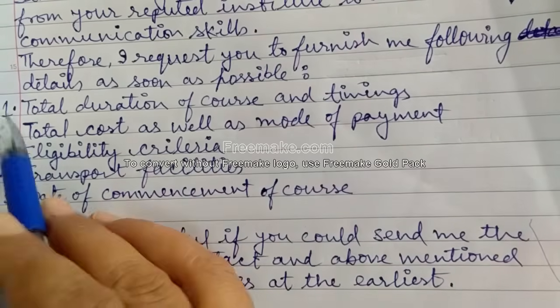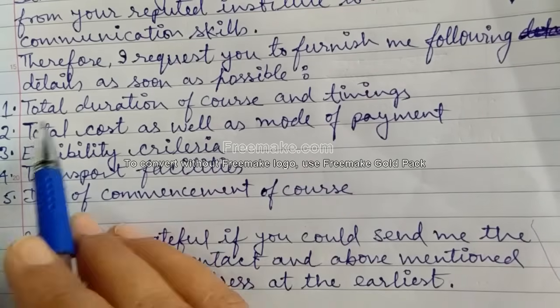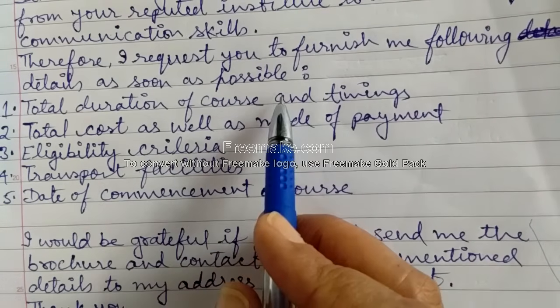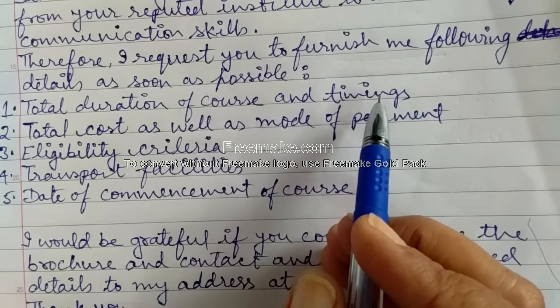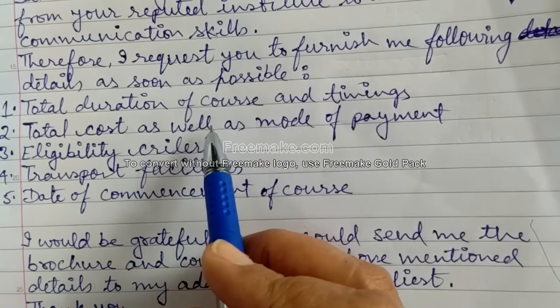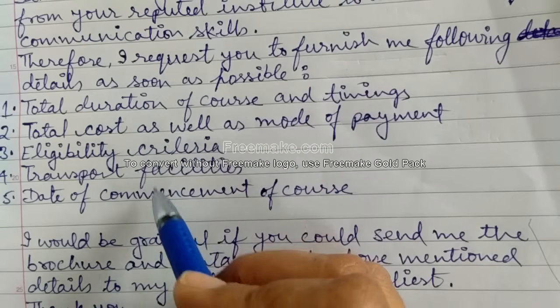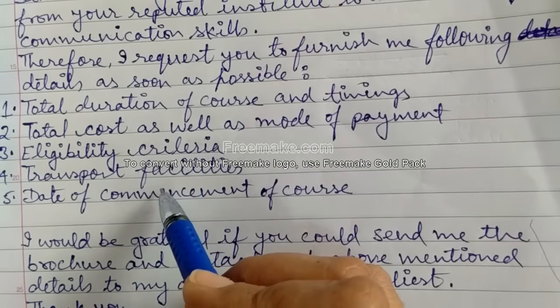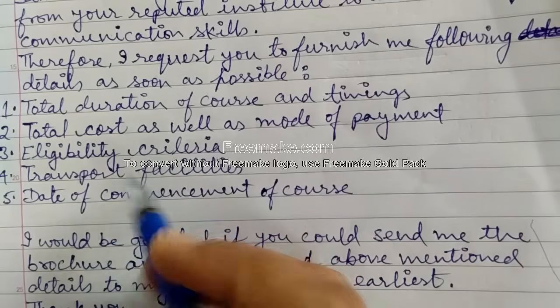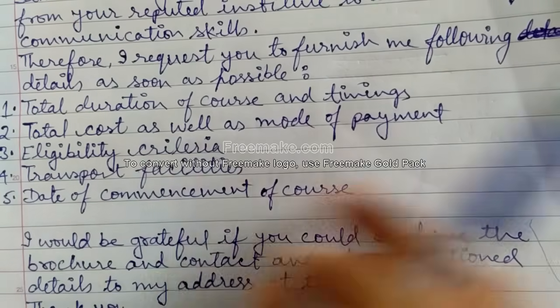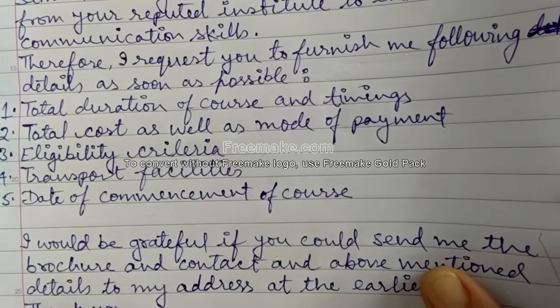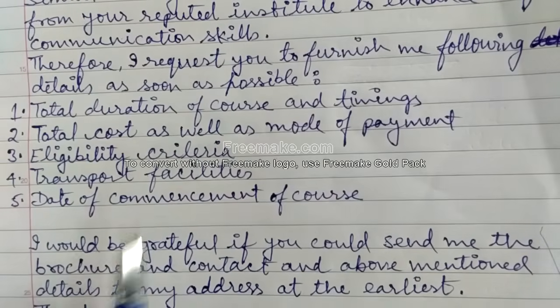All these questions are written in points, but you may write these questions in sentences and in paragraphs. It's your choice. If you have 2-3 questions, it's better that you write in sentences and paragraph. But if you have more questions, in order to draw attention easily, you may write in points. That is up to your choice, and you're not going to lose any marks for that.